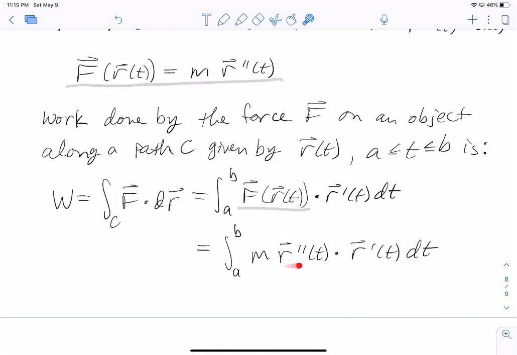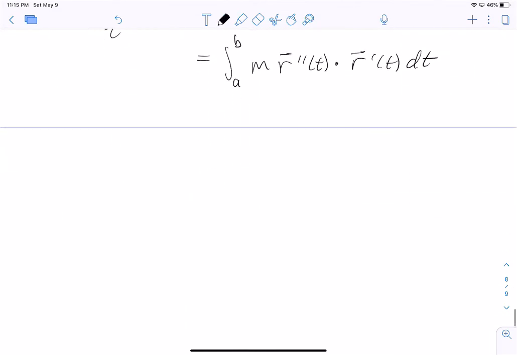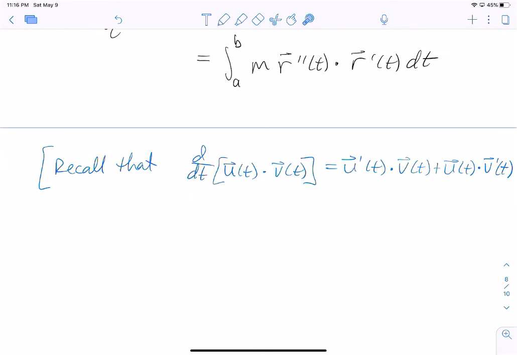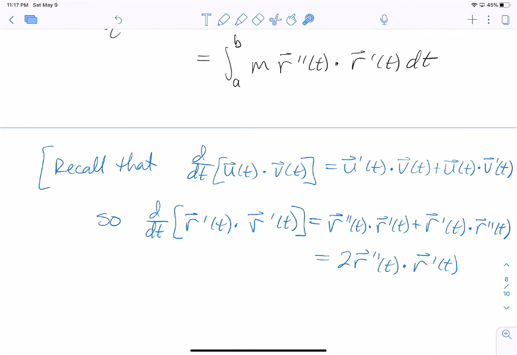Now we have this integral with r double prime of t dotted with r prime of t, and we're going to doctor that up a little bit. Remember that we have a product rule for the dot product, right? u dot v is u prime dot v plus u dot v prime. And if we translate that to r and r prime, the derivative with respect to t of r prime of t dotted with itself is equal to ultimately 2 r double prime of t dotted with r prime of t.